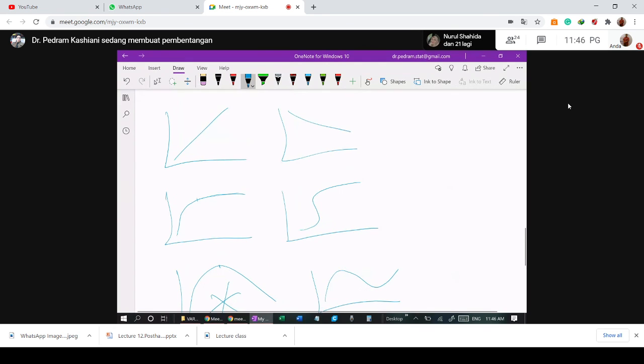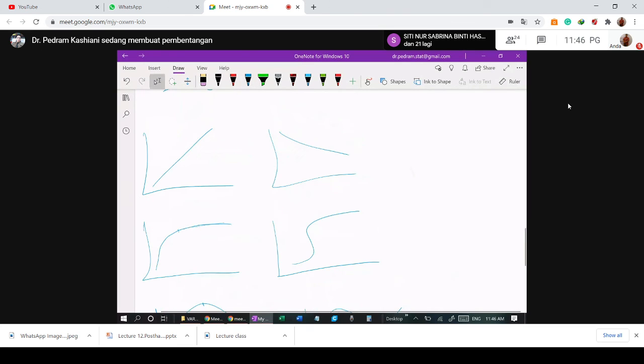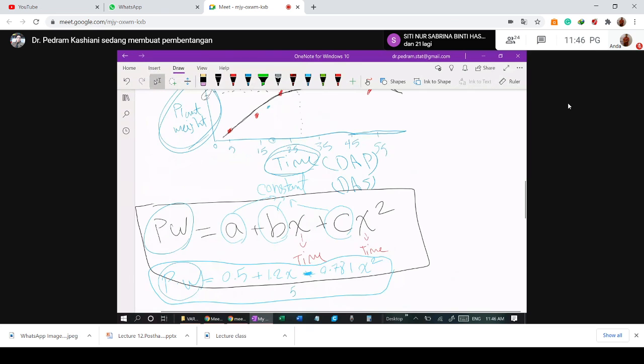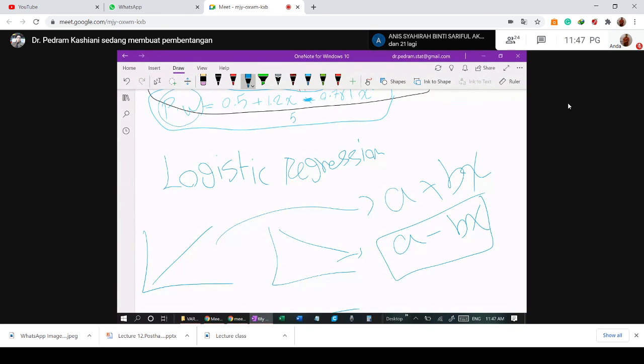So how do I do this? I will test all the lines. For example, for this linear one, a plus bx is my linear regression for the first one. The second one is a minus bx. This is the regression which goes down.